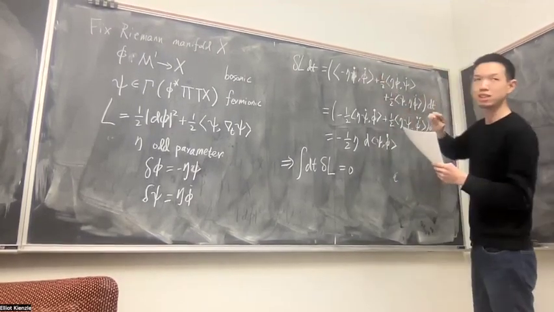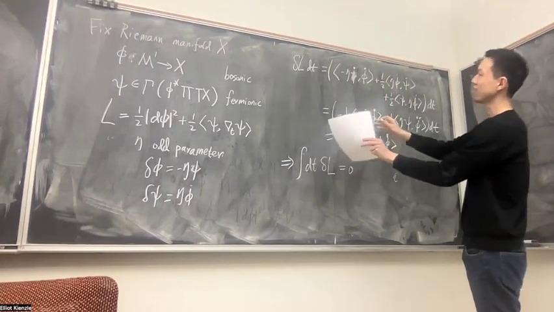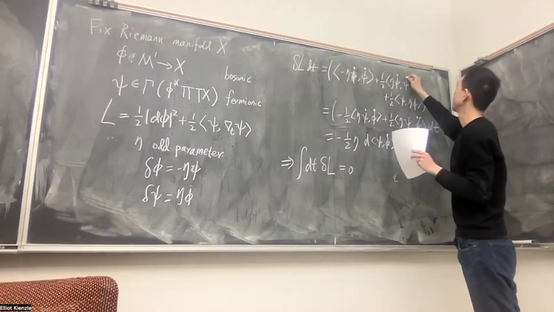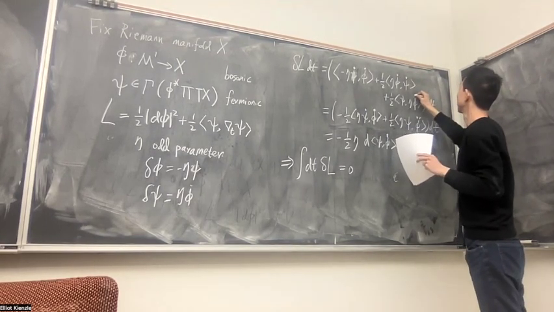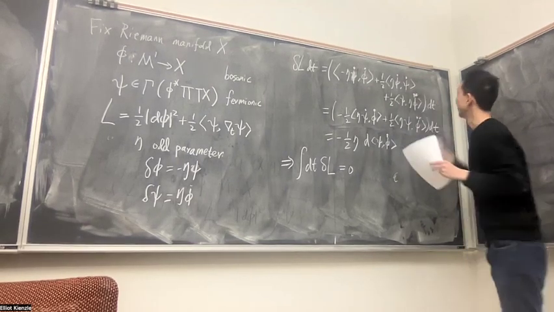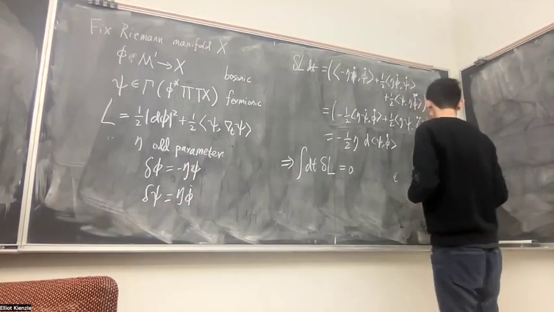No, we're not using the equation of motion. This thing holds for all phi and psi. I guess I'll write partial t instead of dots, and that might be better.